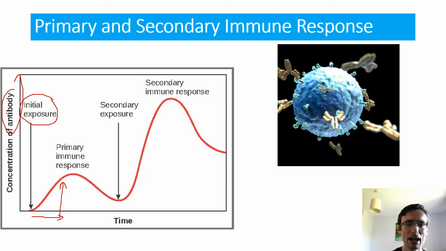And then if you get exposed the second time, you get a much more rapid and a higher production of antibodies in your secondary immune response. And that is because in the secondary immune response, those B memory cells, or the T memory cells, are floating around, they detect the foreign antigens of the bacterial pathogen sooner, and they trigger that immune response at a much greater rate.